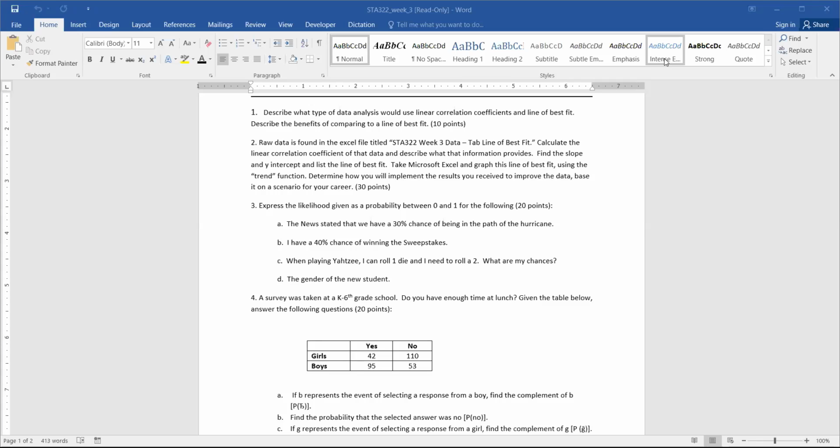But we've got down on question 4 on week 3, we've got these yes, no answers about having enough time for lunch. Here is where we start establishing these statistical results, so that we can say that girls look like they have about a 40% chance of saying yes.